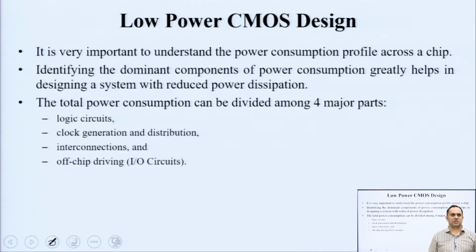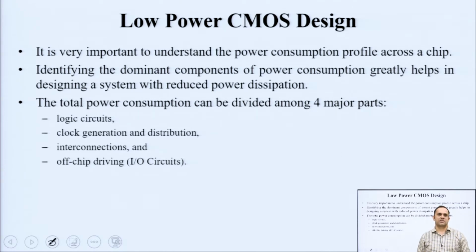It is like first diagnosing the area where there is a problem and then trying to find a cure for it. The total power consumption across any integrated circuit can be divided among four major parts. The first is the logic circuit itself. This is the component where your switching power consumption takes place.